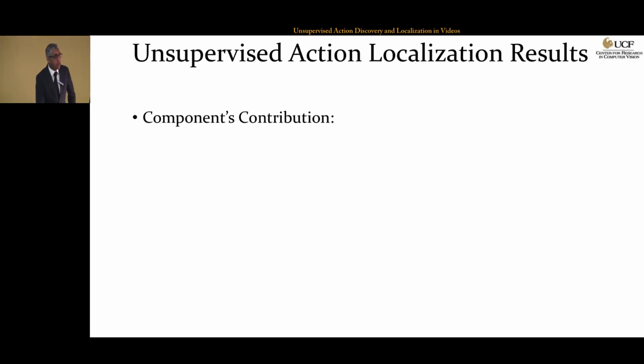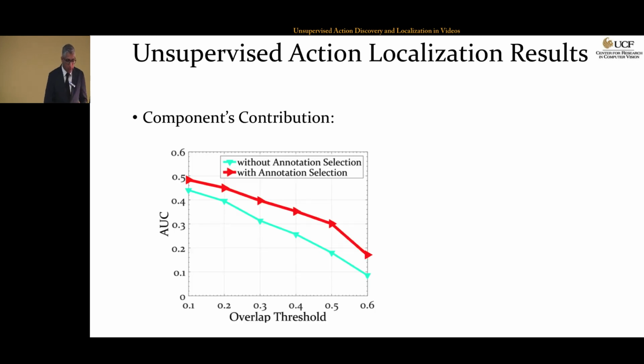Now, since our method had a number of components to it, we want to measure the contribution of each one of those components. For the first part, we measure how well the joint annotation selection helps in localizing the action.